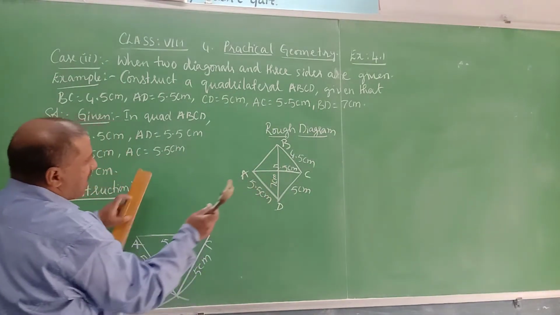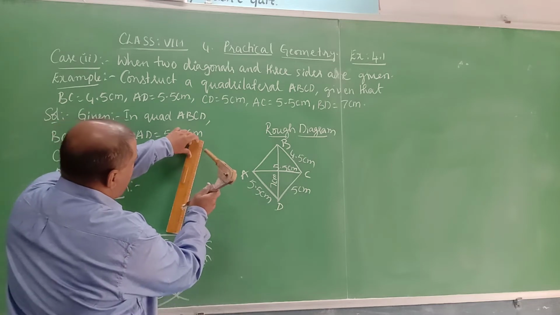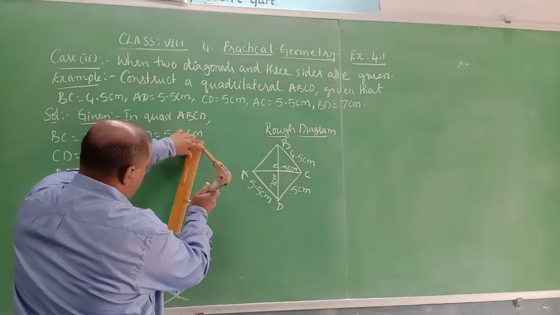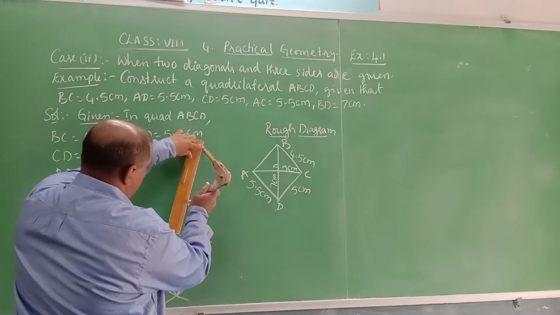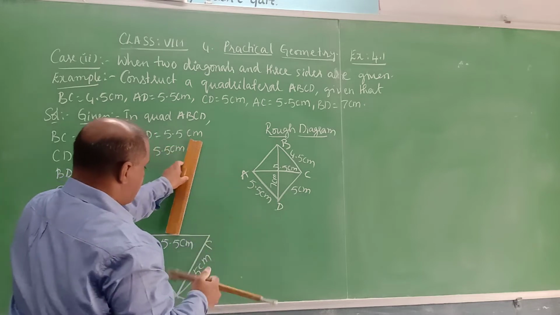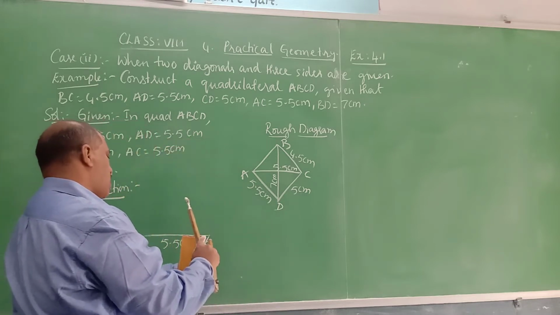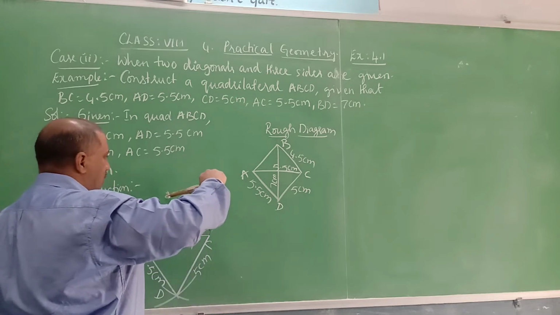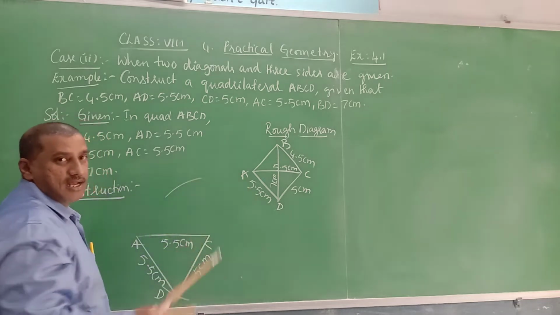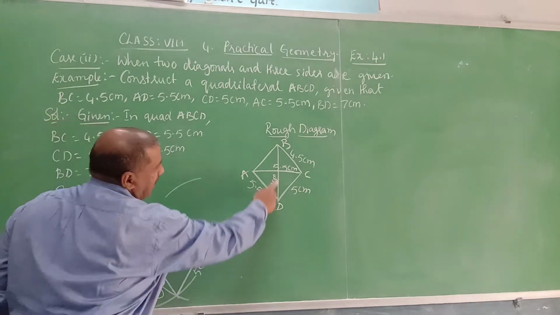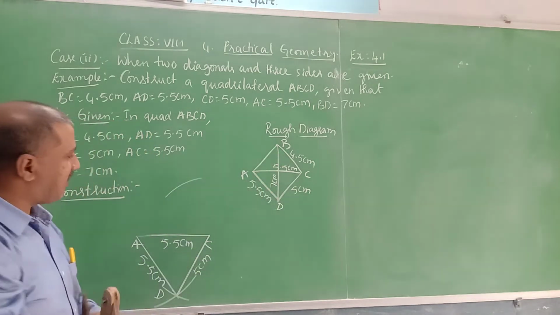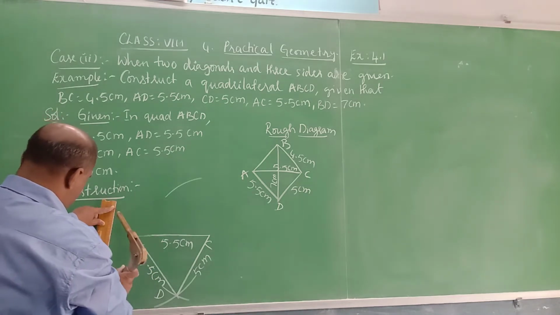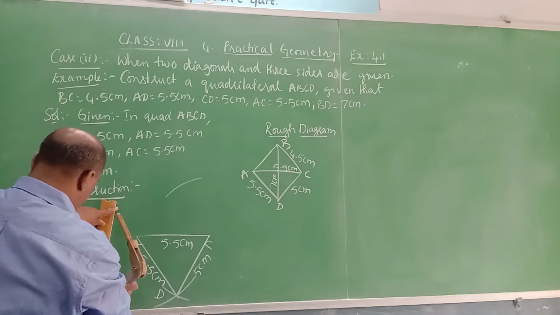Now from point C draw an arc of radius 4.5 centimeters to locate point B like this. Next, from point D, BD we know is 7 centimeters. So draw an arc of radius 7 centimeters which intersects the previous arc.